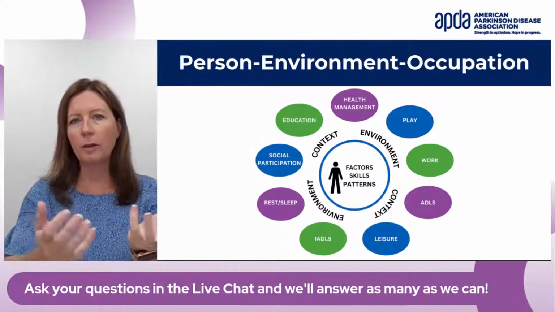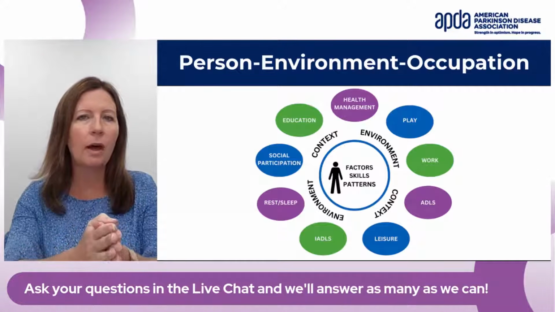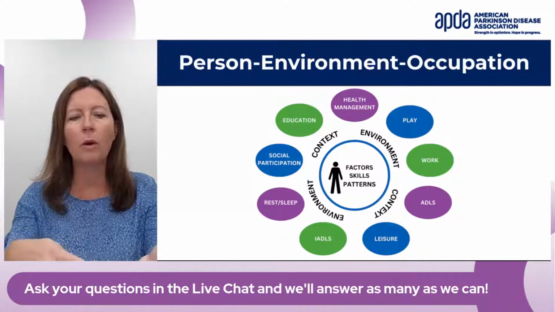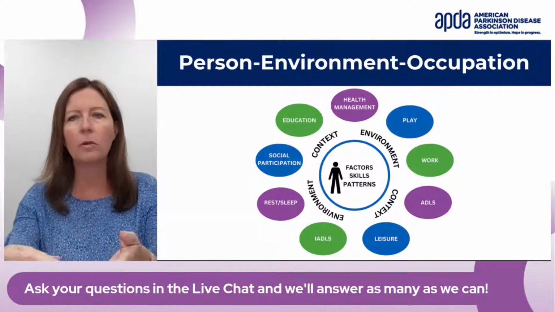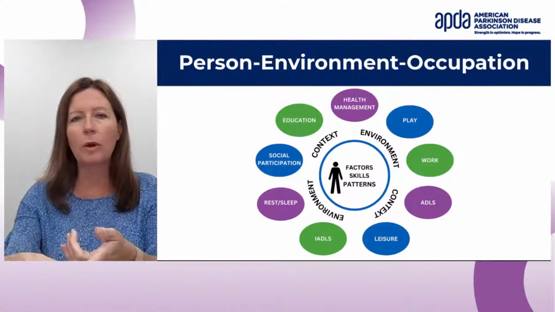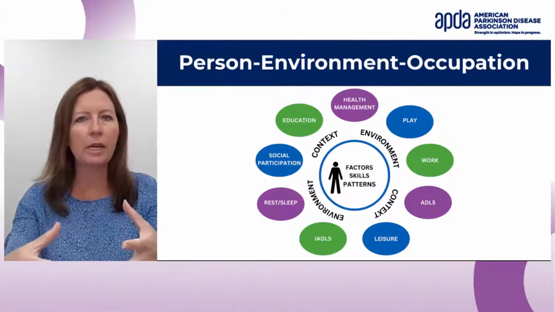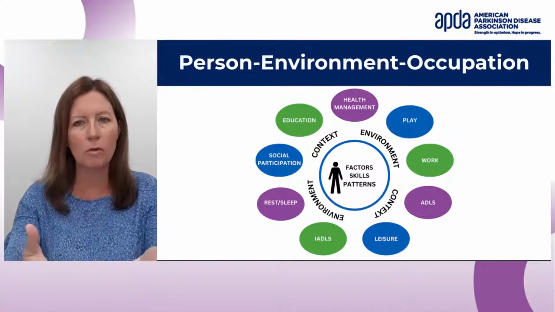I talked about the occupations, but in the middle is the person. If you see that, the person, we think about what their skills are, what their strengths are, what their different factors are. Also, what patterns, habits, and routines do they have? We think about all those things when we meet someone and get to know them.